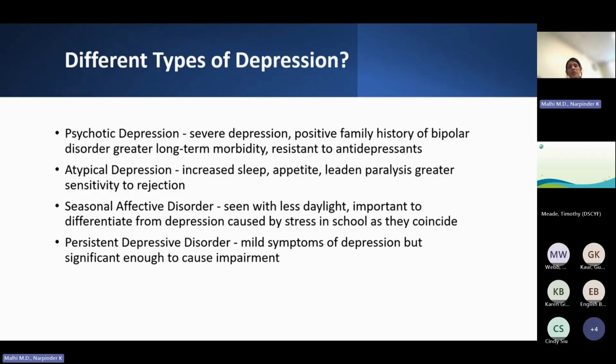Atypical depression, I already talked about, where there is more sleeping, more appetite, slowness in the body, and more sensitivity to reaction. Seasonal affective is where there are changes in mood with season, especially with decreased sunlight.